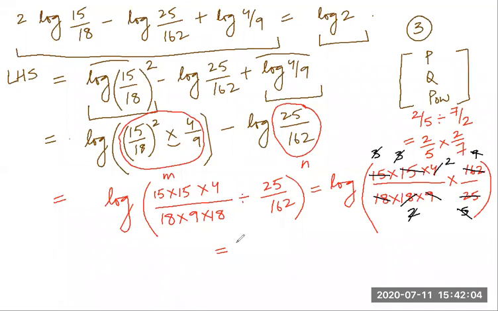So what is left? This is equal to log, students, tell me, everything has been correct. So what is remaining? 2. Yes, 2. That is equal to the right hand side. Beautiful.